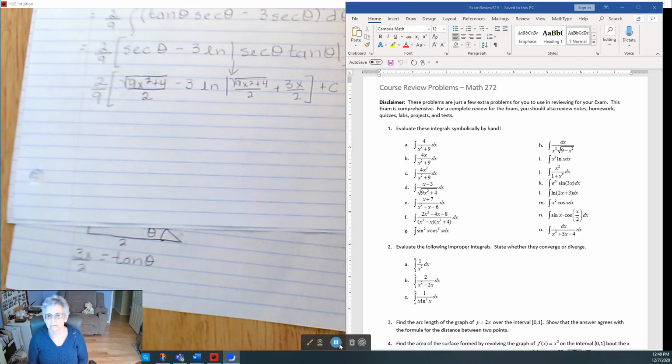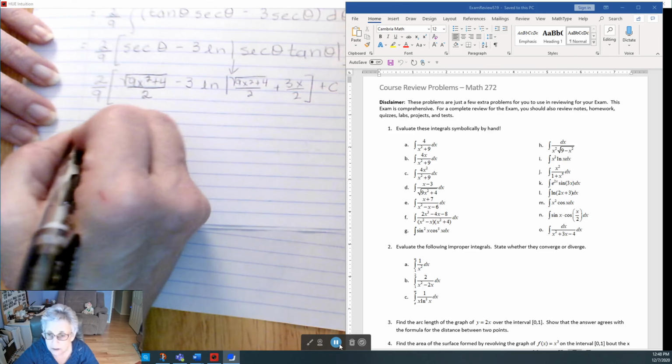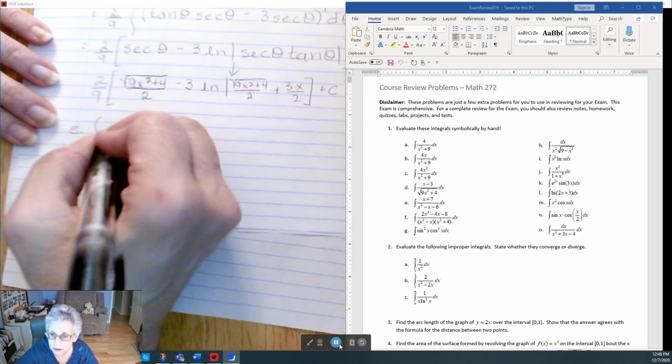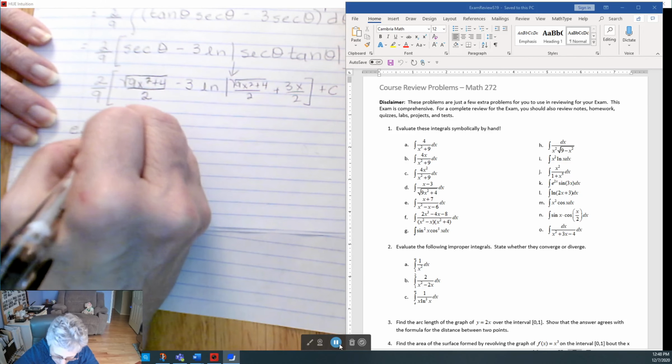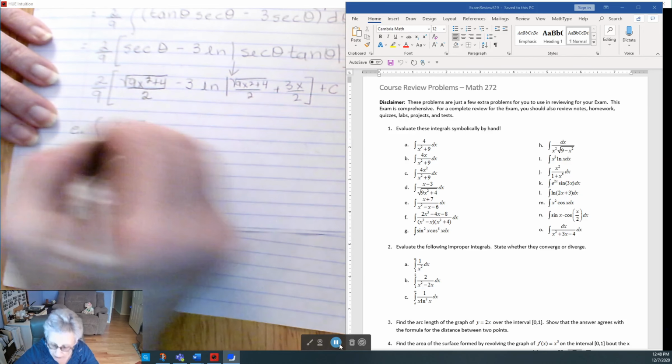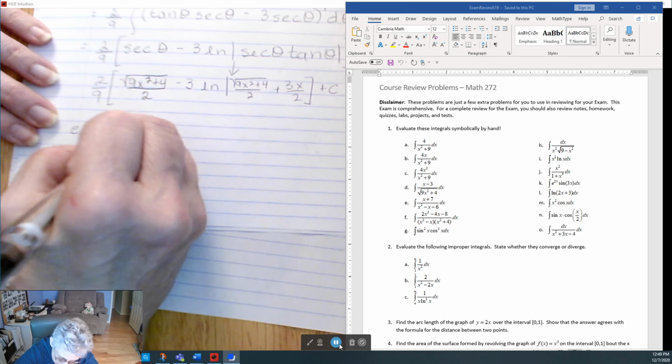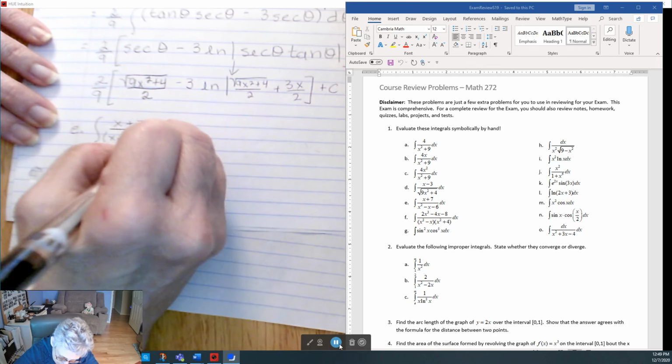Okay. Let's look at part E. Looks like a straightforward partial fraction decomposition problem. I'm going to go ahead and factor it as I write it down. 2 numbers whose product is -6, whose sum is -1.